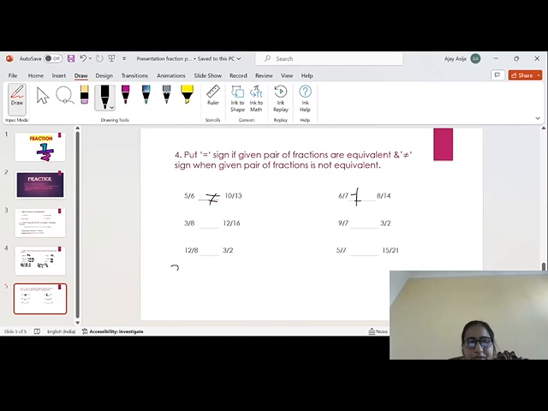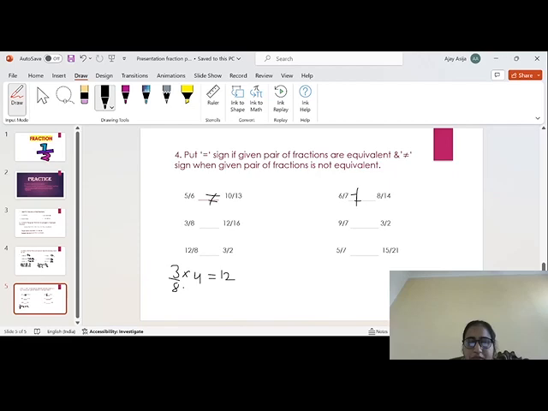So let's try 3 by 8. Because we are moving from smaller to bigger values, we will do multiplication here. We have to find the number with which 3 is multiplied to get 12. That number will be 4. So 3 multiplied by 4, we get 12.